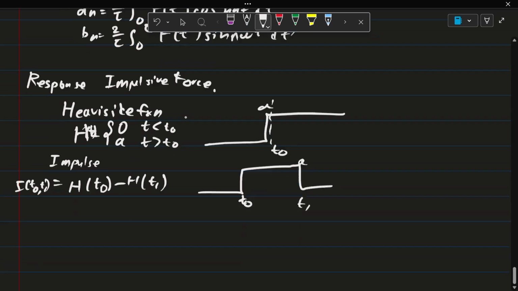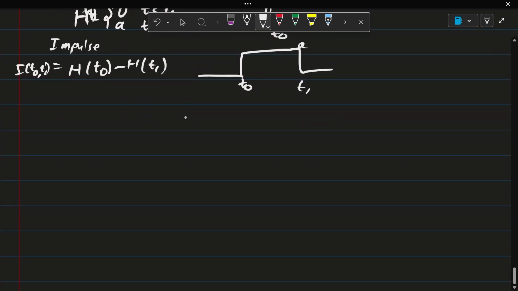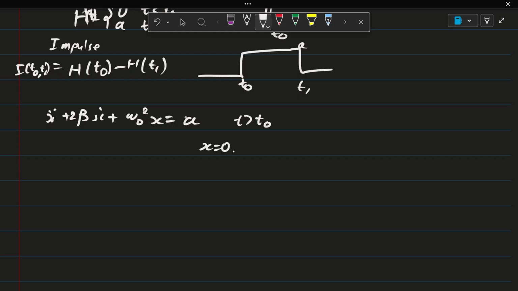So let's think about the response of the Heaviside function first. It would be x double dot plus 2 beta x dot plus omega 0 squared x must equal A when time is greater than time 0. And we'll just assume the initial case where x is 0 and the velocity is also 0.